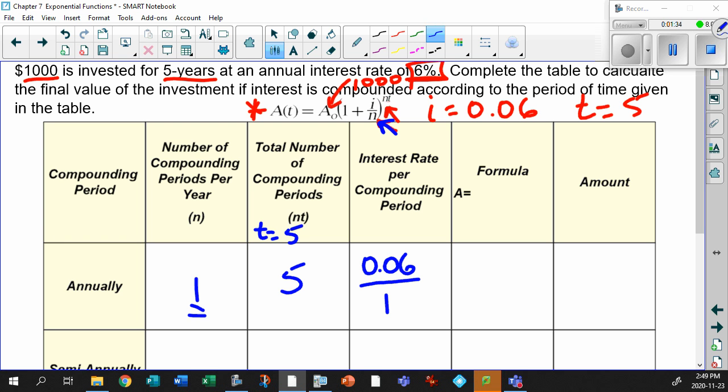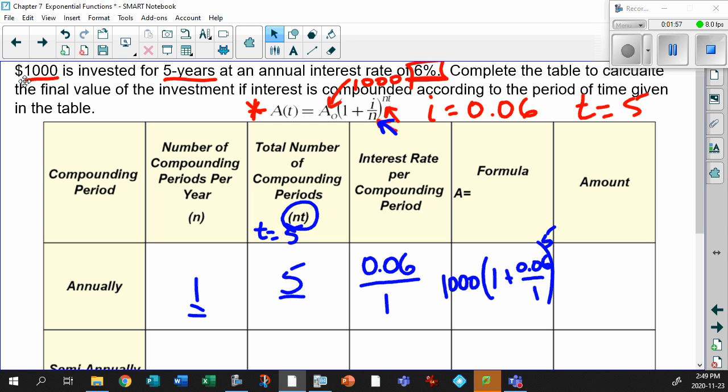Okay, so let's derive the formula for this thing. This is going to be $1,000, right? 1 plus your interest rate over N. So, okay, 1 plus your interest rate, 0.06, over the number of compounding periods, which is 1, to the power of N times T, which I've got here, 5. Okay? Well, if we want to figure this number out, that's pretty easy.